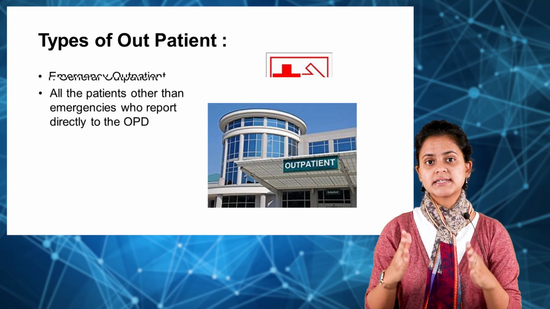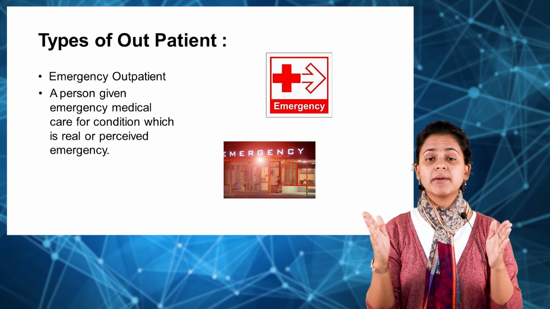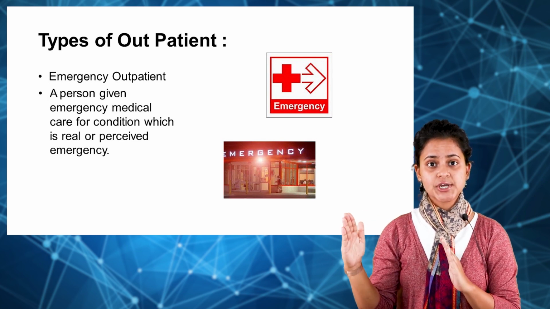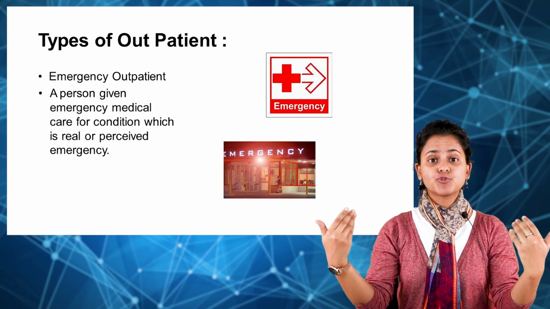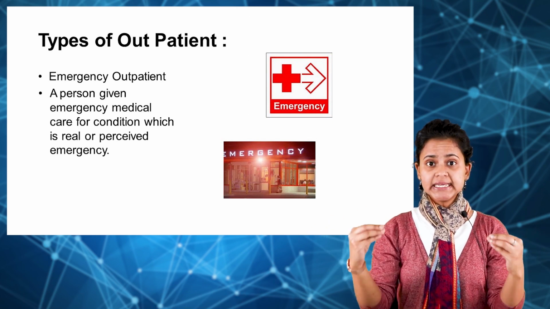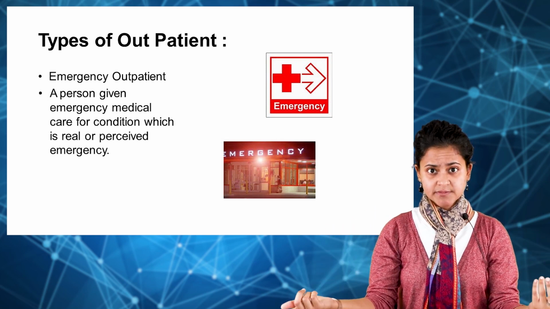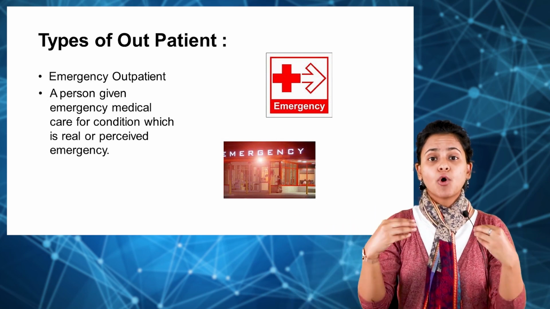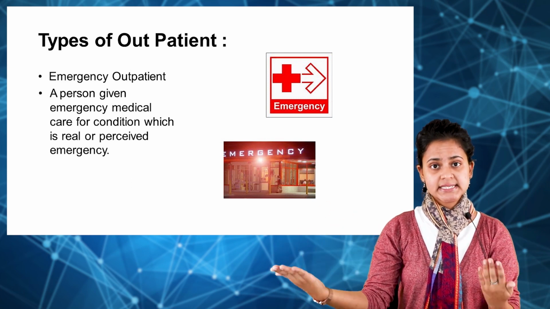Now the next type of outpatient department is named the emergency outpatient department. So in emergency outpatient department, generally those patients come who need very urgent medical care and treatment, but maybe they do not need a continuous hospital stay.